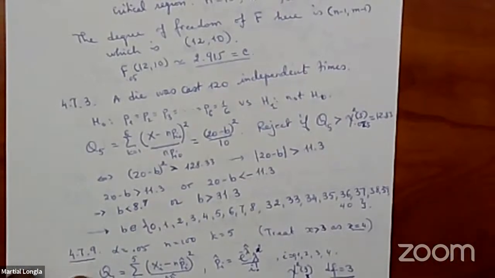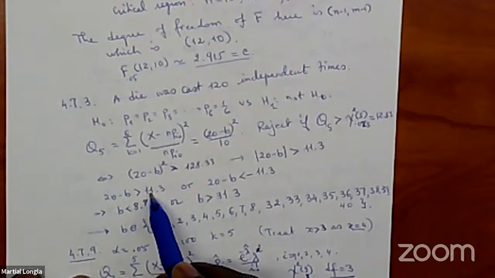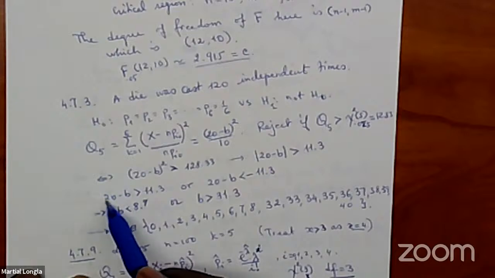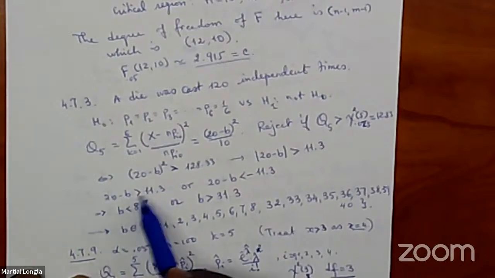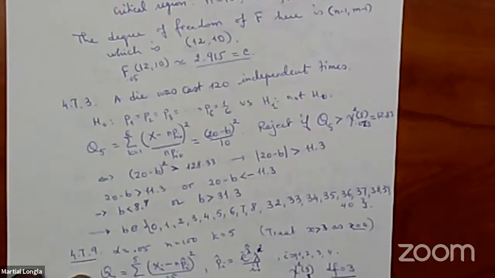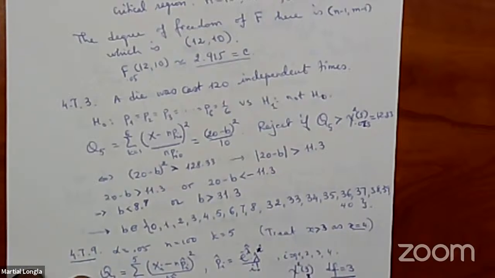Two completely different stories. Here, it's larger than, so that means this number is larger than 11.3, or this number is less than the opposite of that one. And so you solve, you get B less than 8.7, or B larger than 31.3.